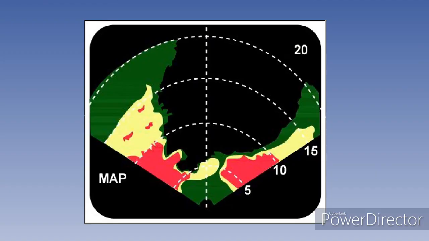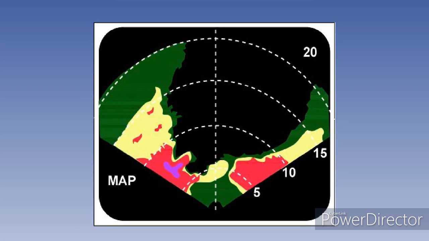Information on cloud formations or terrain features is displayed as a range from the aircraft and a bearing relative to its heading. The presentation, in ascending order, is in green, yellow, red and magenta, although older units may be in monochrome.